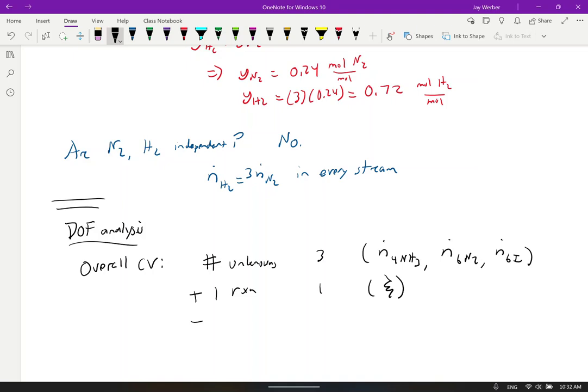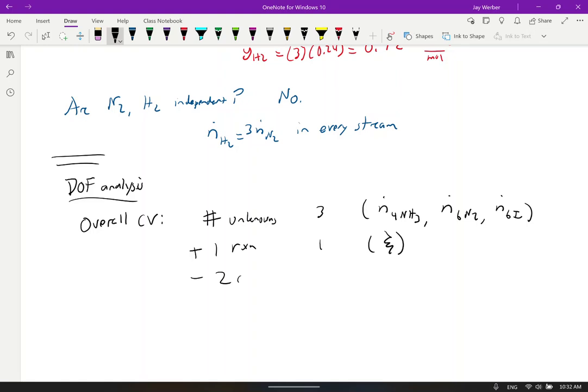So there's 2 components in the reaction that are independent. So 2 independent components, and so this is the number of independent unknowns. So we have two independent components, and these are ammonia and nitrogen.